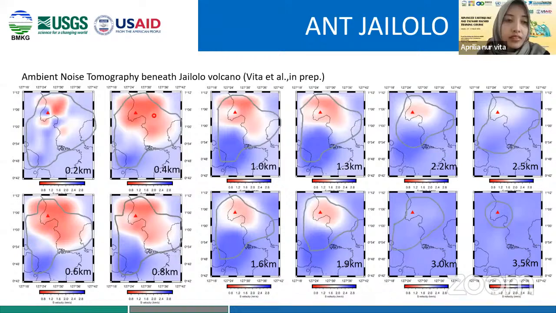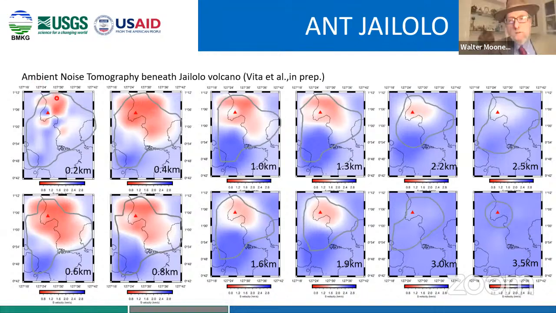You cannot have magma 400 meters below the surface of the Earth. Yes, because the Jailolo area is also a geothermal field, so it may be steam or hot water. Yeah, hot water, spring water.